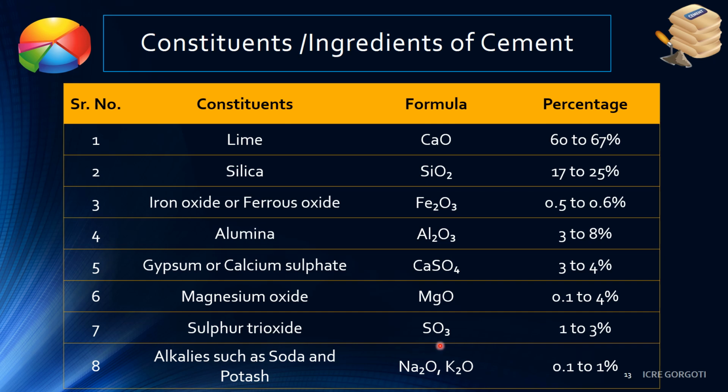Its formula is SO3 and its percentage is 1 to 3%. And the last, eighth constituent is alkalis such as soda and potash. Its formula is Na2O, K2O and its percentage is 0.1 to 1%. These are the chemical constituents of cement.